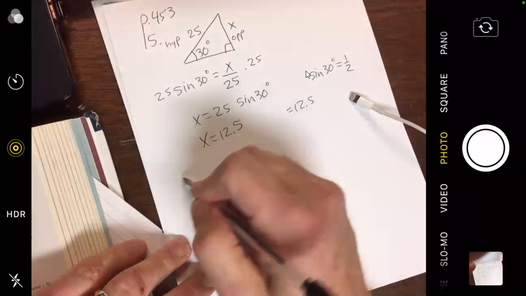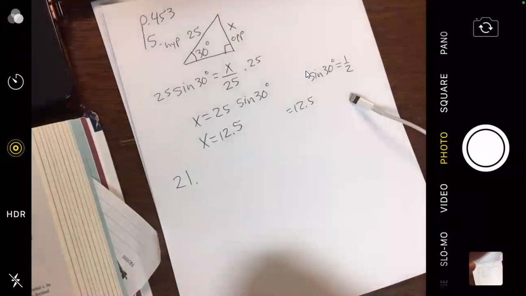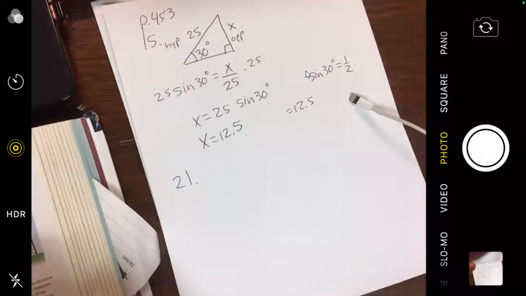All right, you look at 21 and it's a little strange. Looking for my assignment. I think I went through 43.